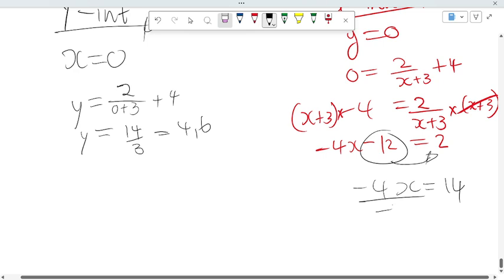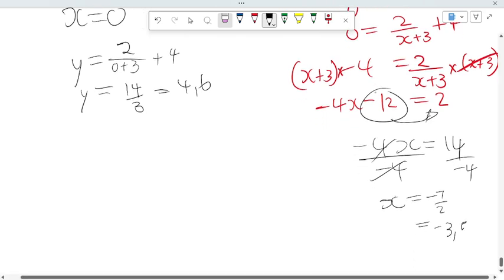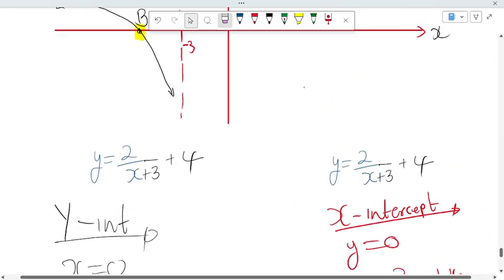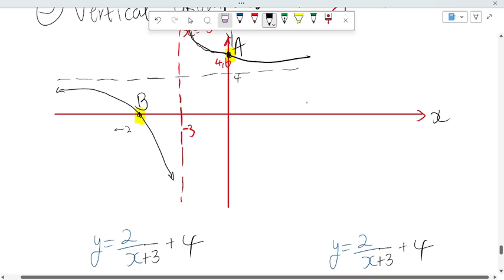So we're going to divide by negative 4, which will be negative 7 over 2. So x will be negative 7 over 2, or in decimal, negative 3.5. So B would be negative 3.5, 0.